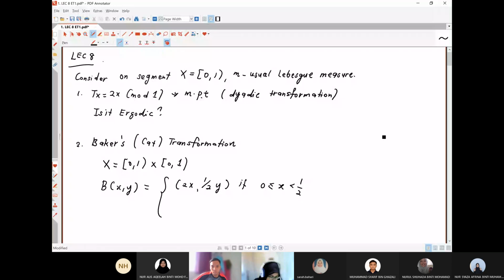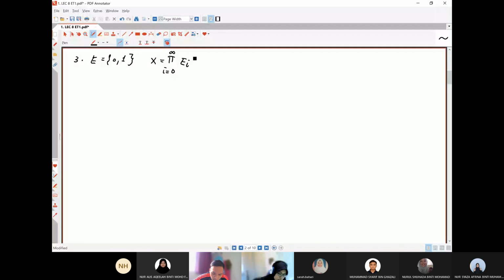Okay, so example number 3 is the Bernoulli shift. If we have this set {0, 1}, and the product space X is equal to the product from 0 until infinity of E_i, where E_i is equal to E for any i, where the Bernoulli measure is v0 equal to v1 equal to 1/2.